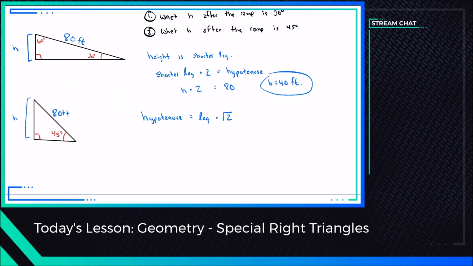All right, so we need to divide by the square root of 2 on both sides. We have the hypotenuse is equal to 80. The leg is equal to h. We have this root 2. So h is going to be equal to 80 over the square root of 2. All right, and if you just plug that into a calculator, that will approximate out to 56.6 feet.